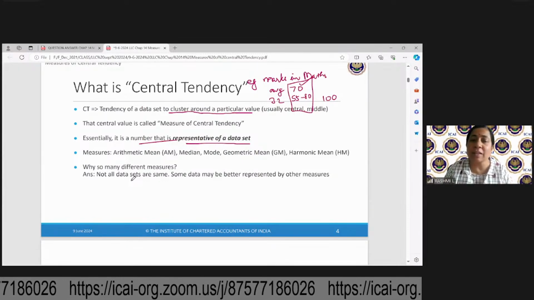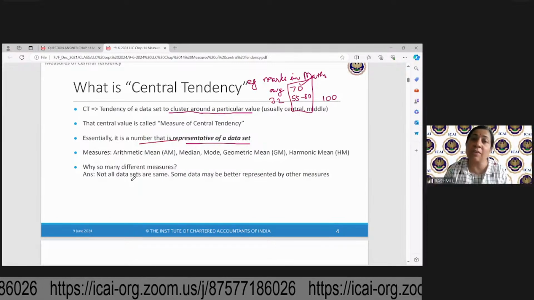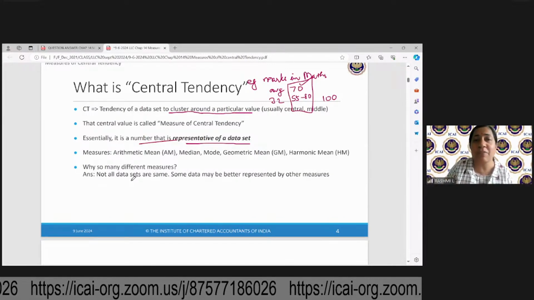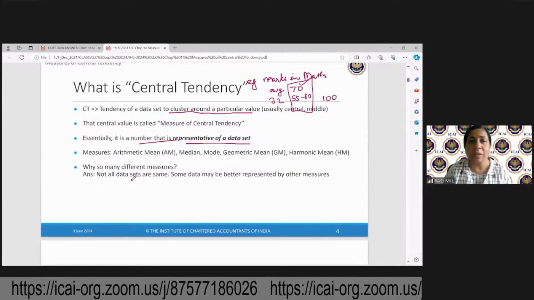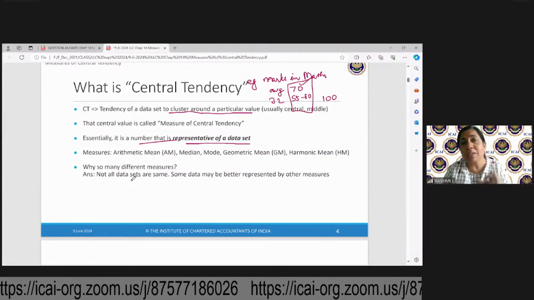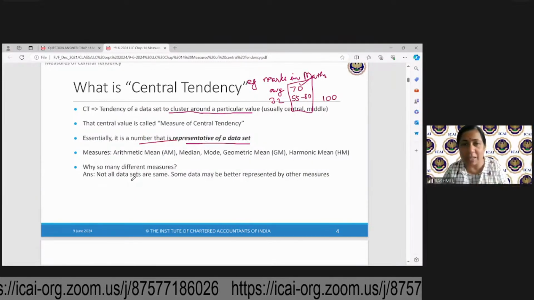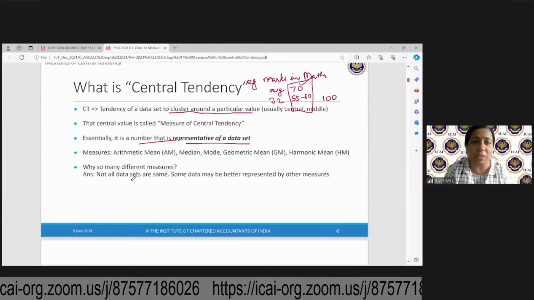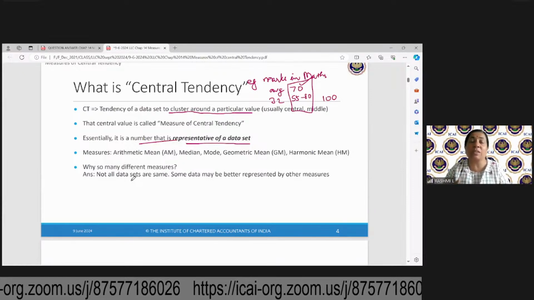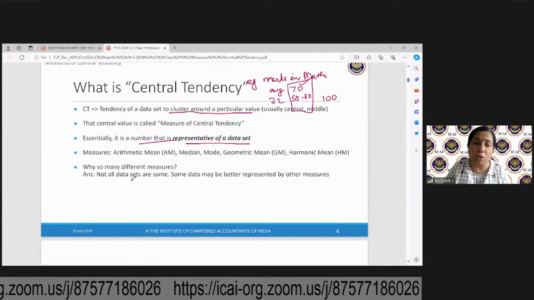So when I have qualitative data, I will prefer to use the mode. Why? Because there is no set measurement. I can't measure it in centimeters or meters. That is why in that case I rely more on the mode.